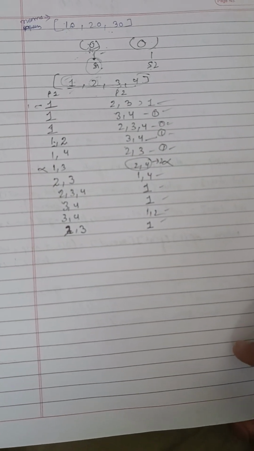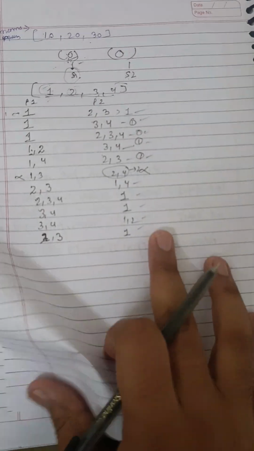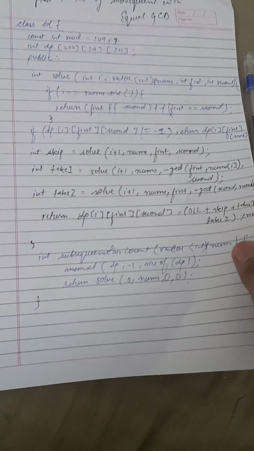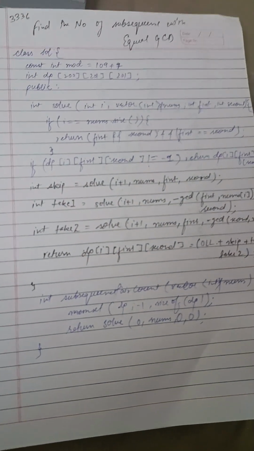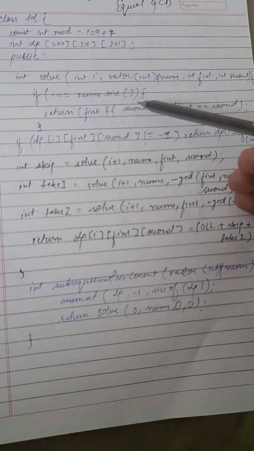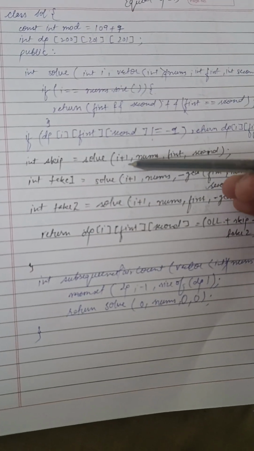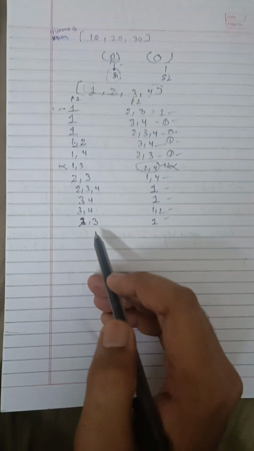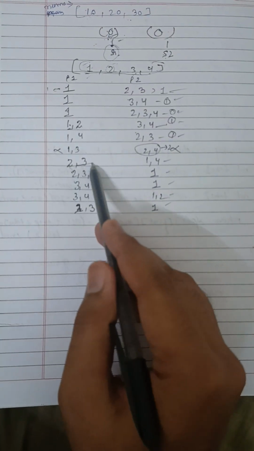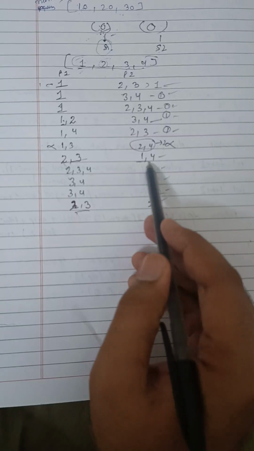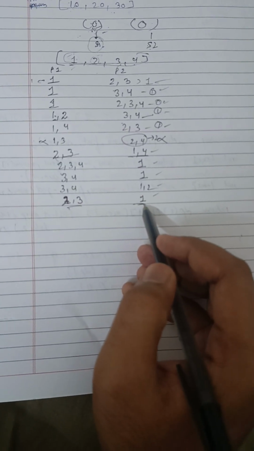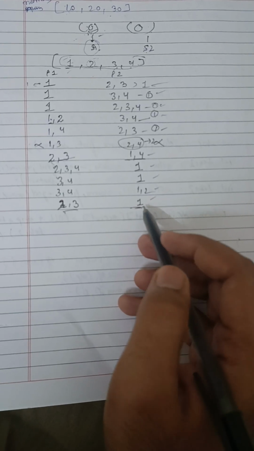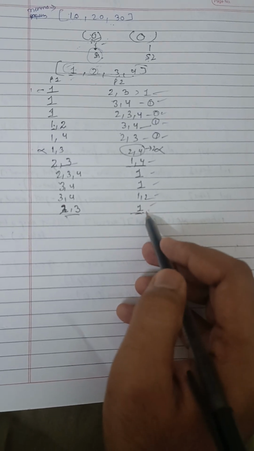I will do the dry run of the code which I have written over here. As you already saw, I am just picking a number. There are some groups which are the same, like 2 comma 3 and 1 comma 4, but I haven't considered 4 here, and still it is an answer.